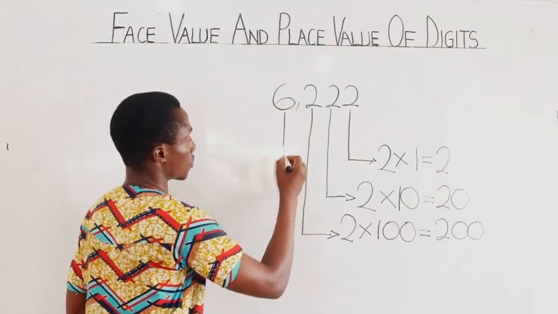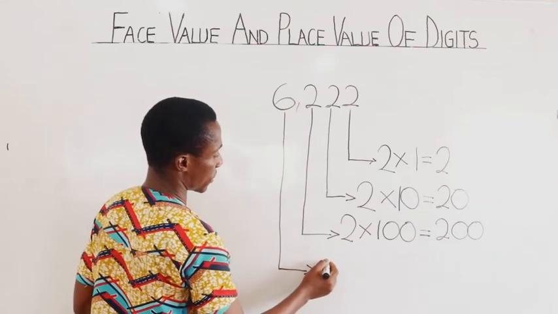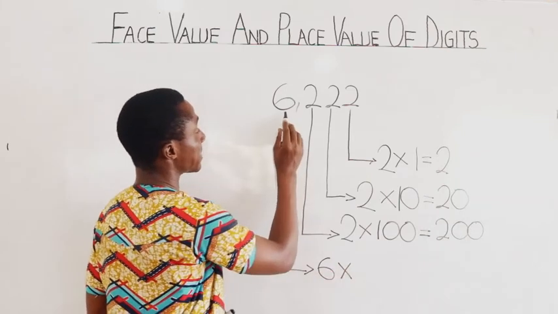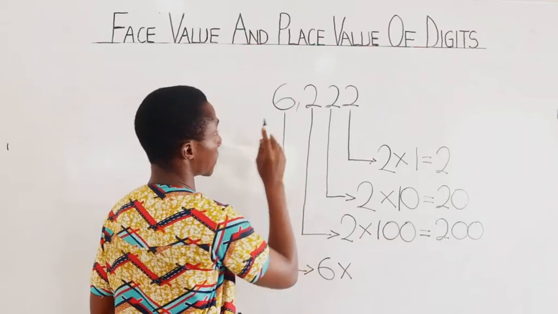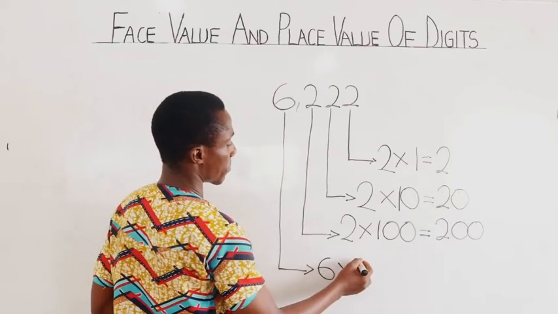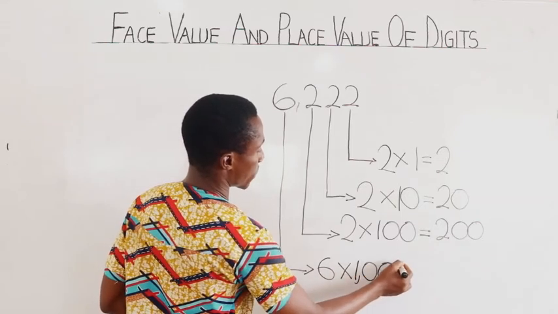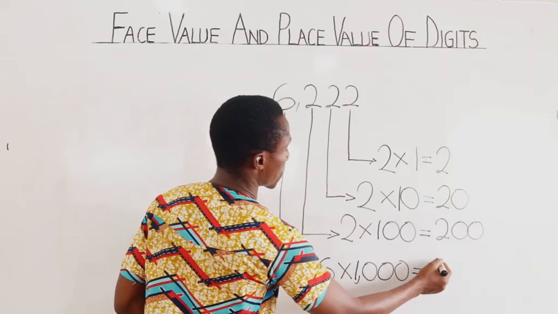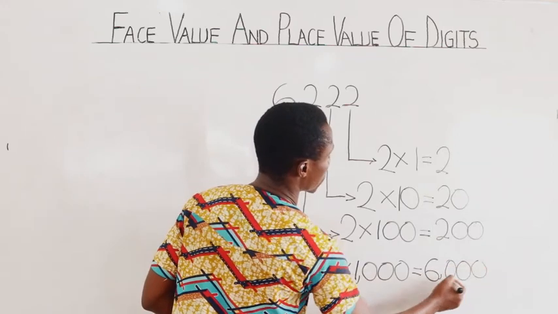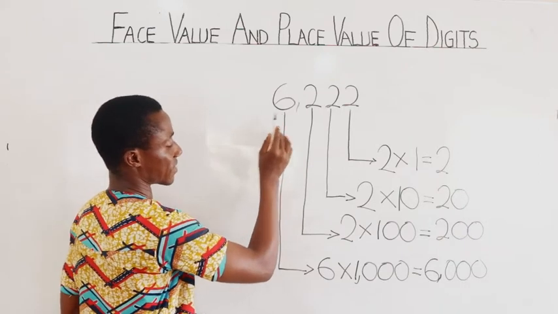Now let's come to the place value of 6, and that will be the face value of 6, which is 6, multiplied by the number place of this 6. And the number place of this 6 is the thousands number place. And therefore we will multiply the 6 with 1,000. And that will give us a place value of 6,000. And therefore the place value of this 6 is 6,000.